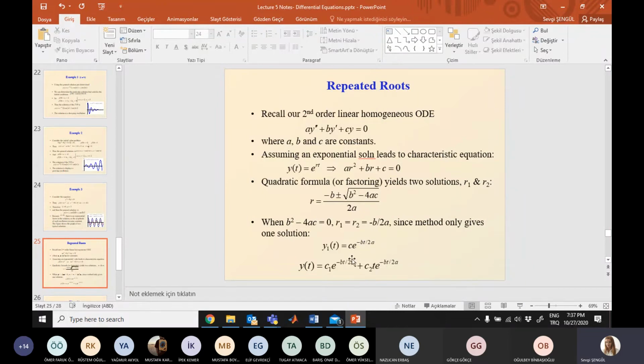So the second one is going to be c2 t e to the minus bt over 2a. So for the second one, you need to put t as a coefficient in front of the exponential. The second solution will be t times e to the r that you find. Okay, this is the general form of the repeated root solution.